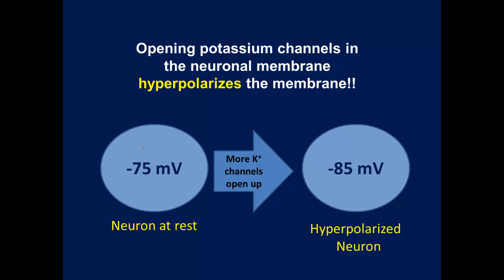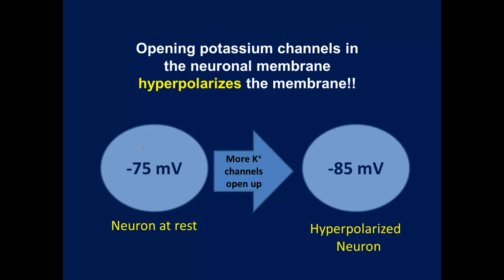The take-home message for that part is that if you open up potassium channels in a neuronal membrane, you're going to hyperpolarize the membrane. You're going to drive that membrane potential to an even more negative value relative to the resting membrane potential for that cell.